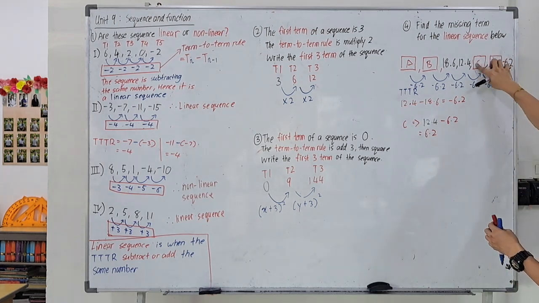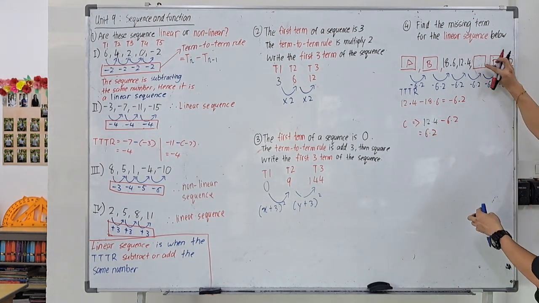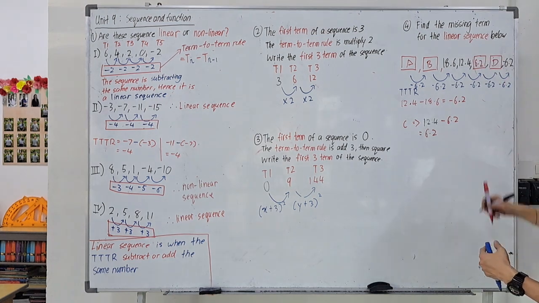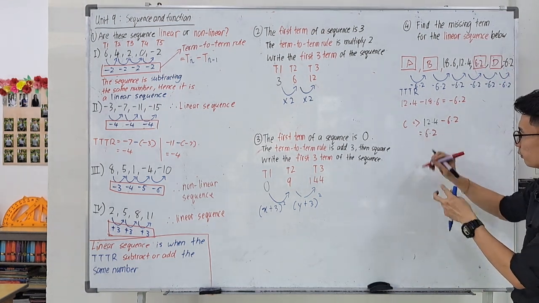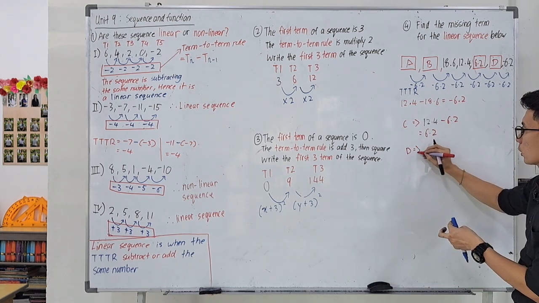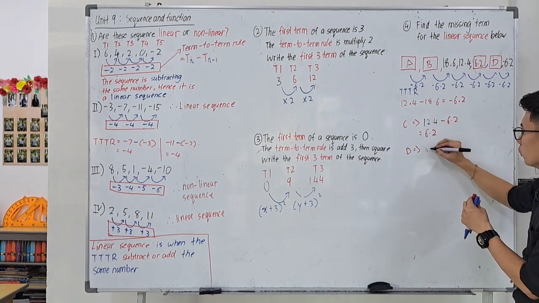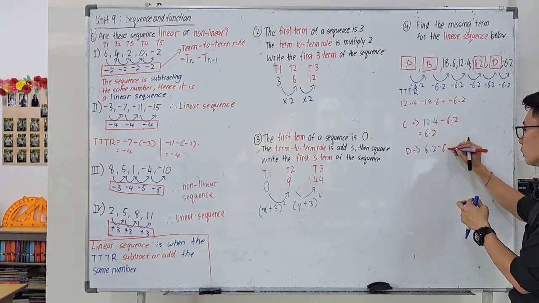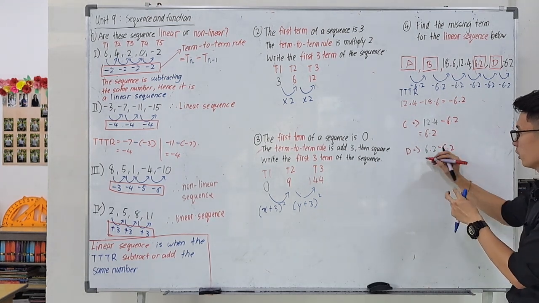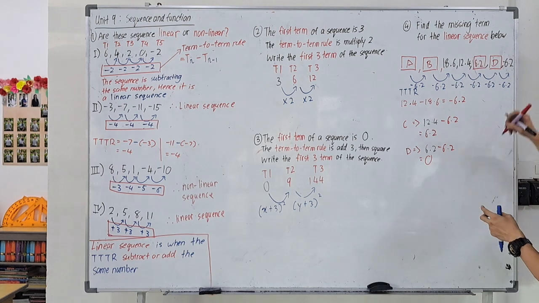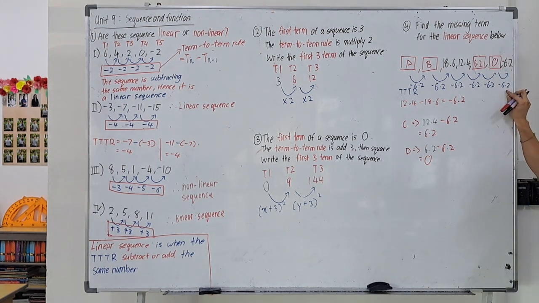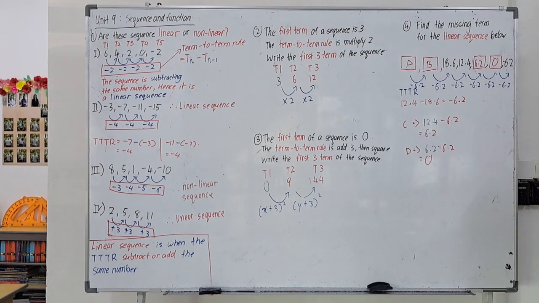So over here I actually know it's 6.2. Okay, so for D, it's going to be 6.2 minus 6.2, and that will give me 0. Okay, so I know this is 0, and true enough, 0 minus 6.2 should give me negative 6.2.